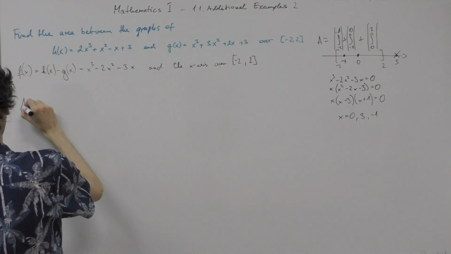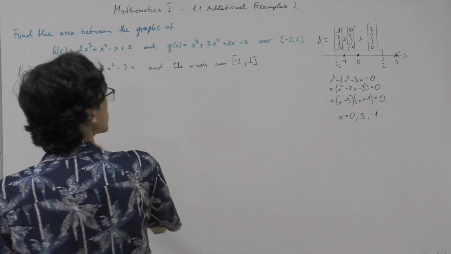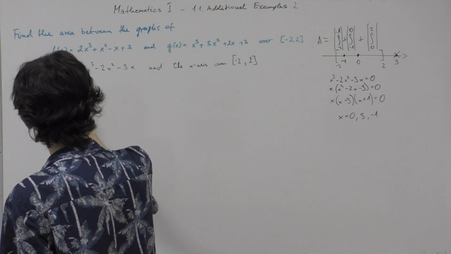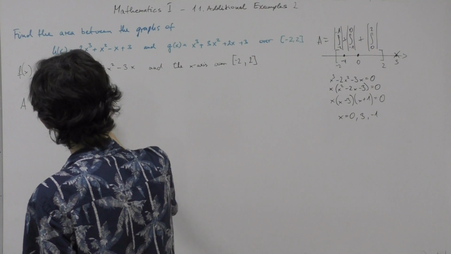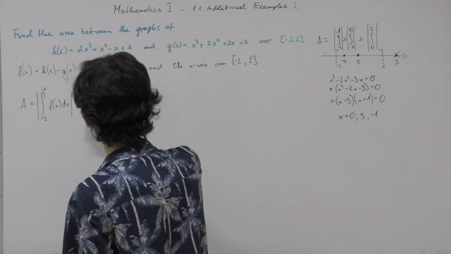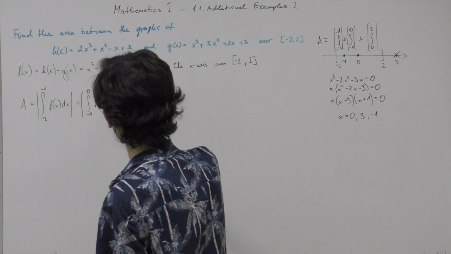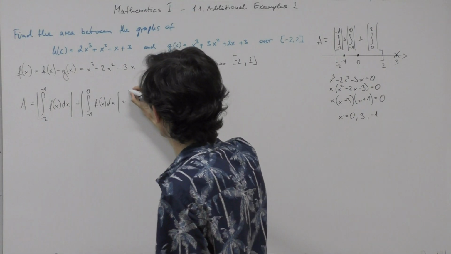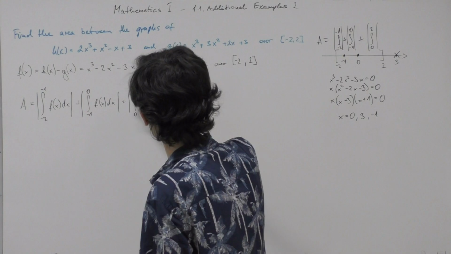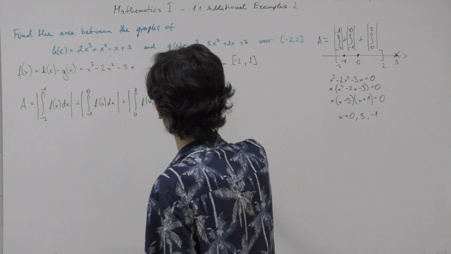We have A equals the absolute value of the integral from -2 to -1 of f of x dx plus the absolute value of the integral from -1 to 0 of f of x dx plus the absolute value of the integral from 0 to 2 of f of x dx.